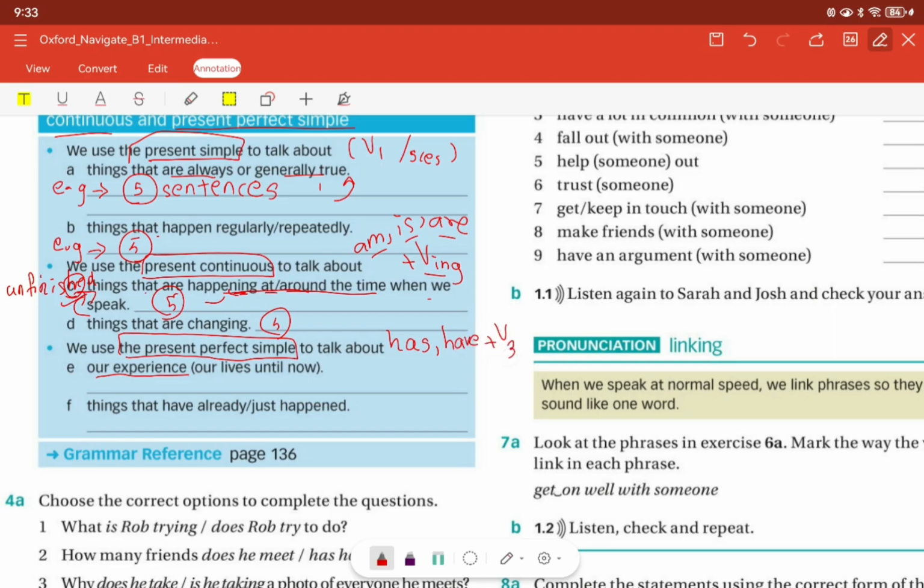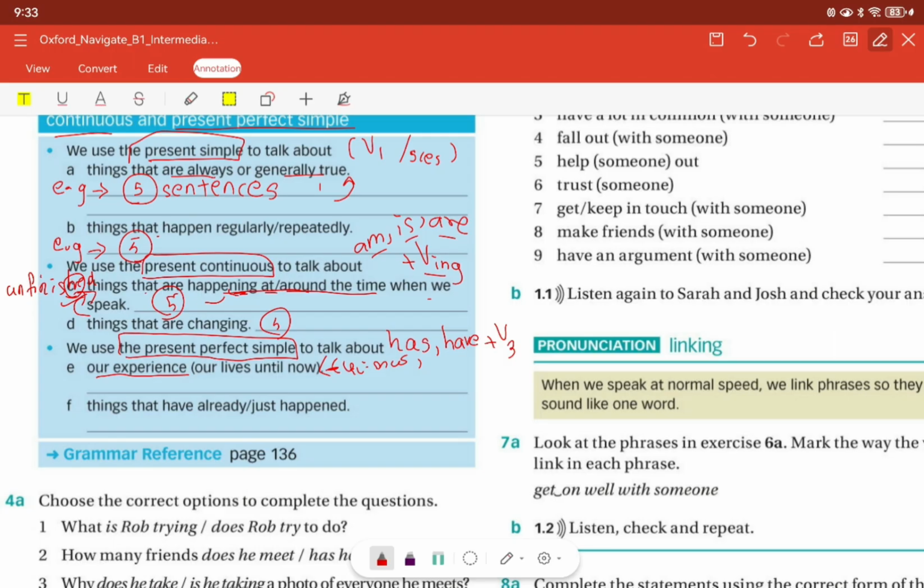For experience, for example, in Myanmar, if you think of words like "have eaten, have been, have watched" and you come across such expressions, you can use this experience form. For example, I have been to a lot of places in Myanmar. I have tried Korean foods.